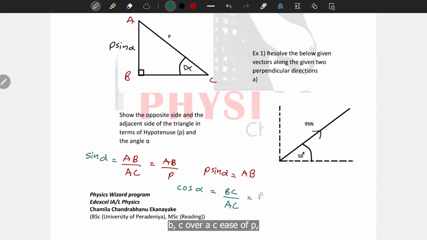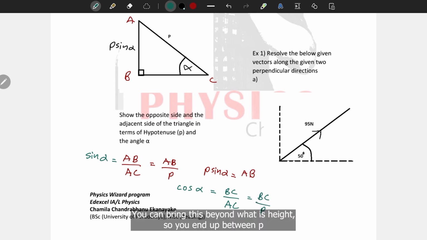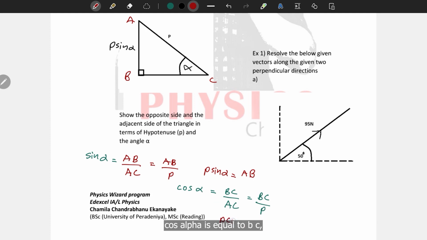Let me put in the values. BC over AC is P. You can bring this P to the other side, so you end up getting P cos alpha is equal to BC. So I rewrite this value here, P cos alpha. Right. You can take a note if you want.